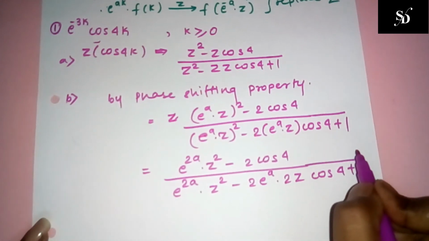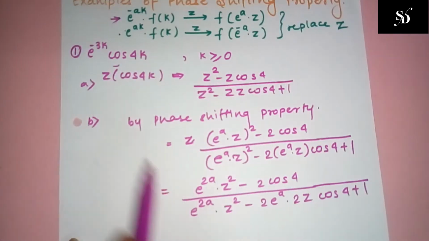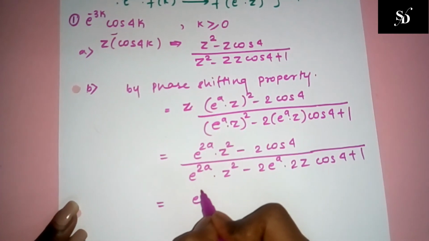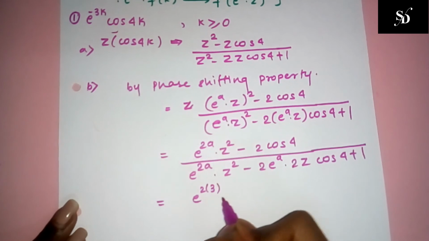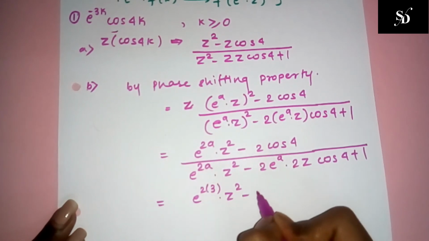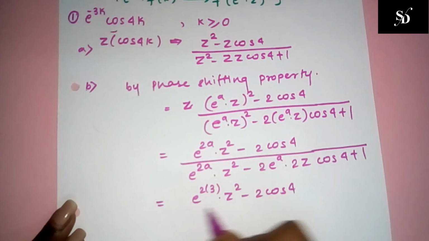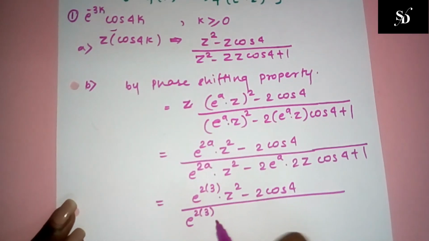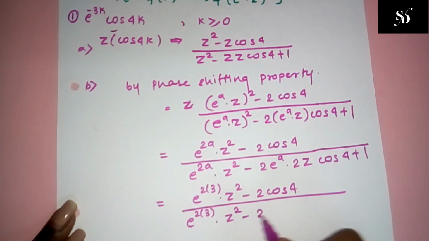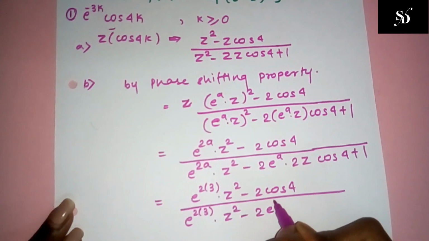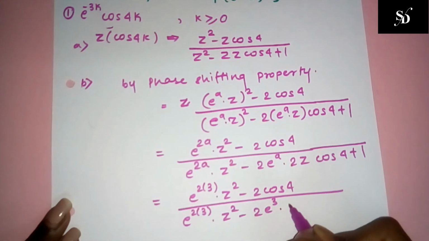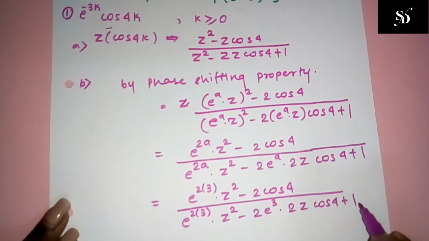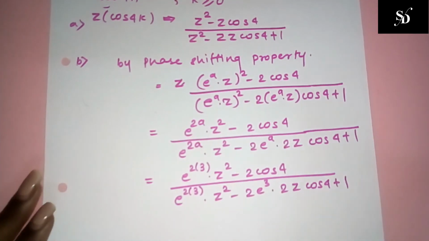Now we know that the value of a is 3 over here. So we put the value: e raised to 2 into 3 into z square minus e raised to 3 into z cos 4 upon e raised to 2 into 3 into z square minus 2 e raised to 3 into z cos 4 plus 1. So this is the final answer of the sum.